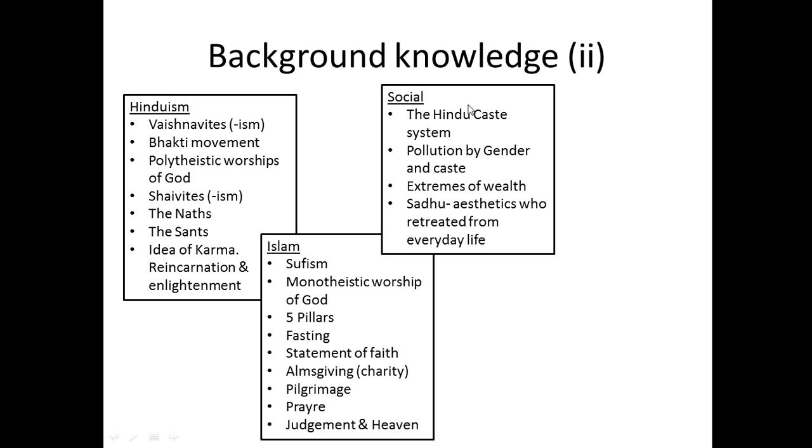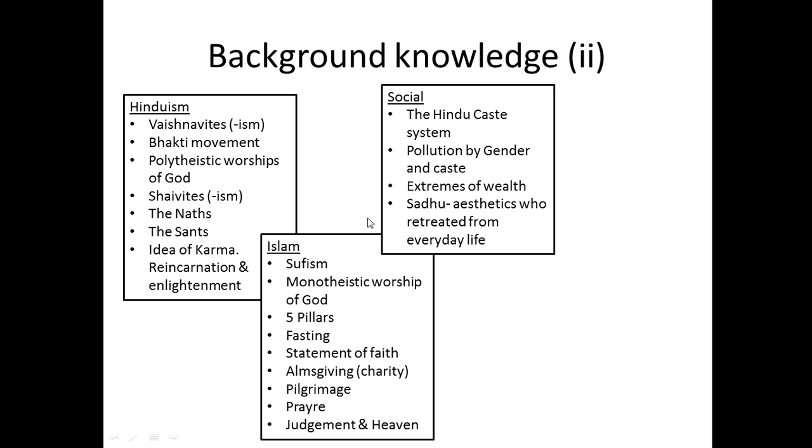The social aspects that you should probably want to take note of: the Hindu caste system, as we talked about before, pollution by gender and caste. Now this is new. This pollution isn't meant in the same way as we use it nowadays with CO2 emissions and whatnot. When we say pollution by caste, we mean that the people in the lower caste are pollutive to those in the higher caste.